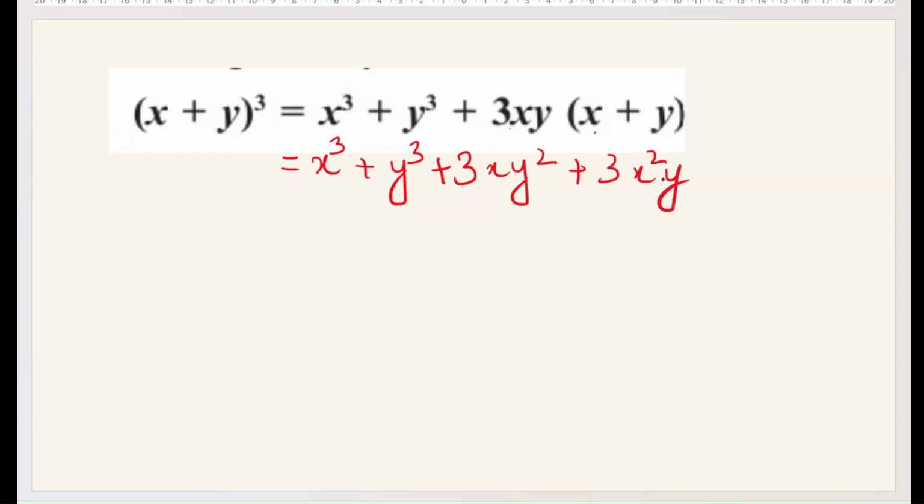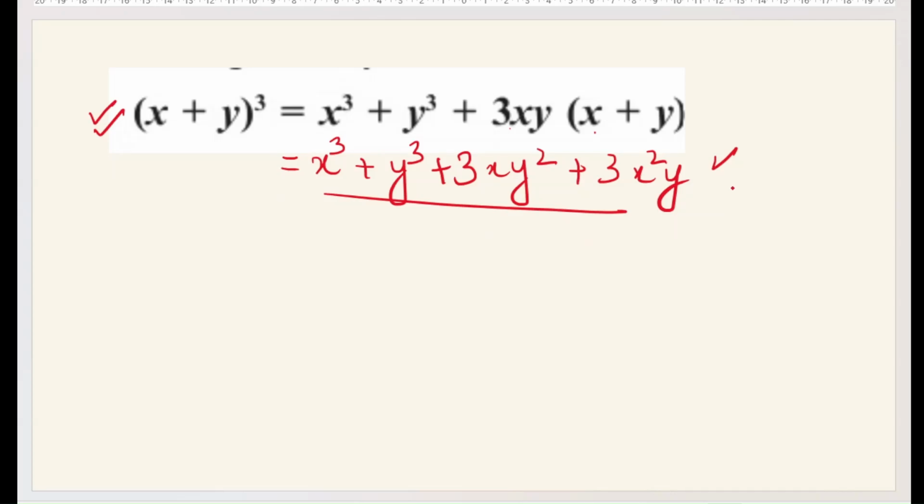This is a more easier way to remember this. And this method is used whenever we are doing factorization. So remember this second one: x cube plus y cube plus 3xy square plus 3x square y. So this is the identity related to cubes.